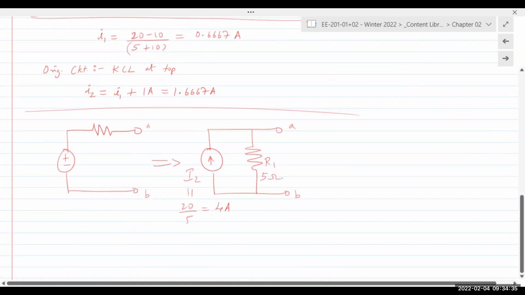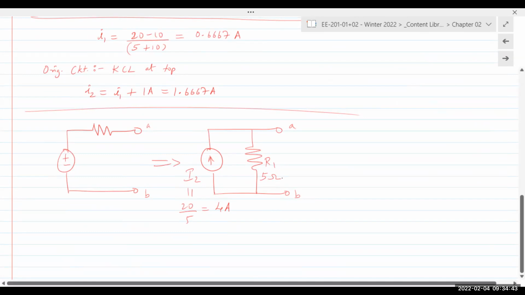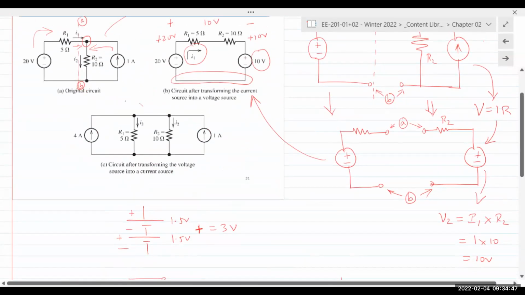So after transformation, we now have a current source worth 4 amps, with a resistor of 5 ohms, and we plug it back into the circuit and obtain circuit C.